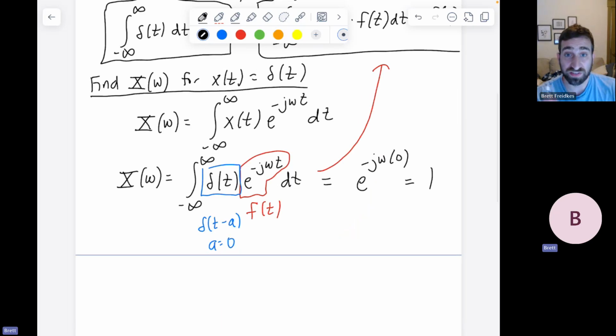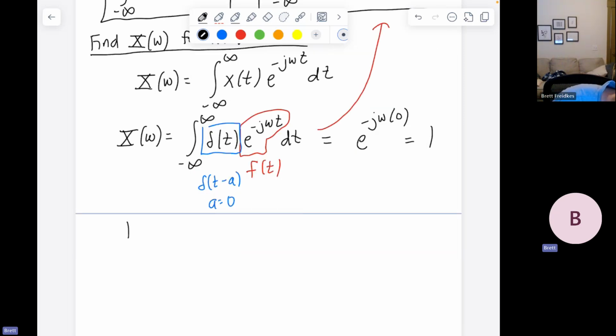Now, there might be some discrepancies if you were to Google what the Fourier transform is of the Dirac-Delta function. You might end up with a value of 2 pi thrown around in there. For our purposes, we just care about where the content is.